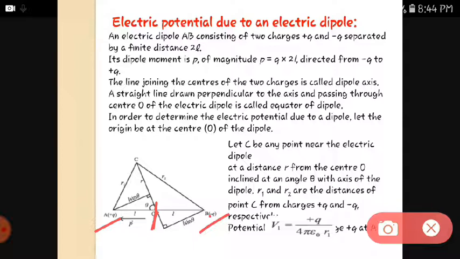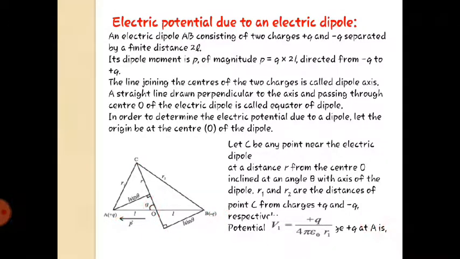We are going to name something over here. Then point C is at a distance R from the center and it is inclined by some angle. Here is the angle. And R1 and R2 are the distances of C from A and B.